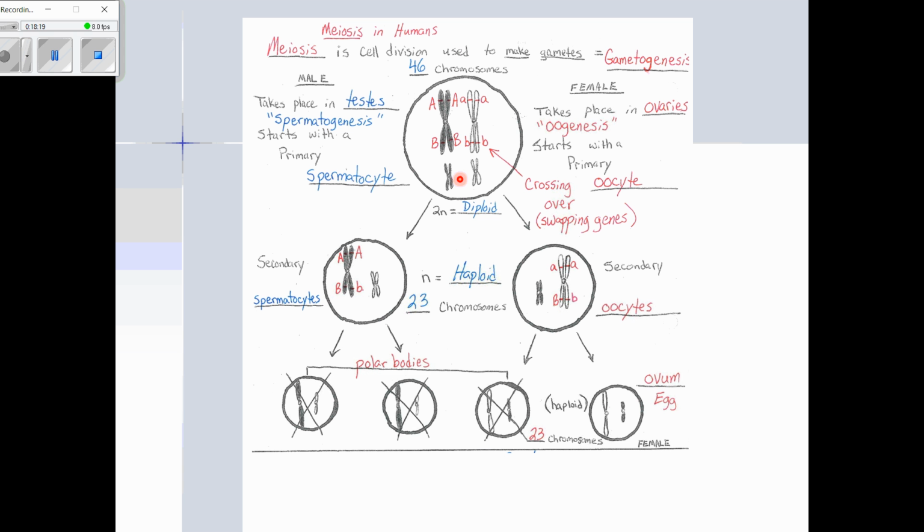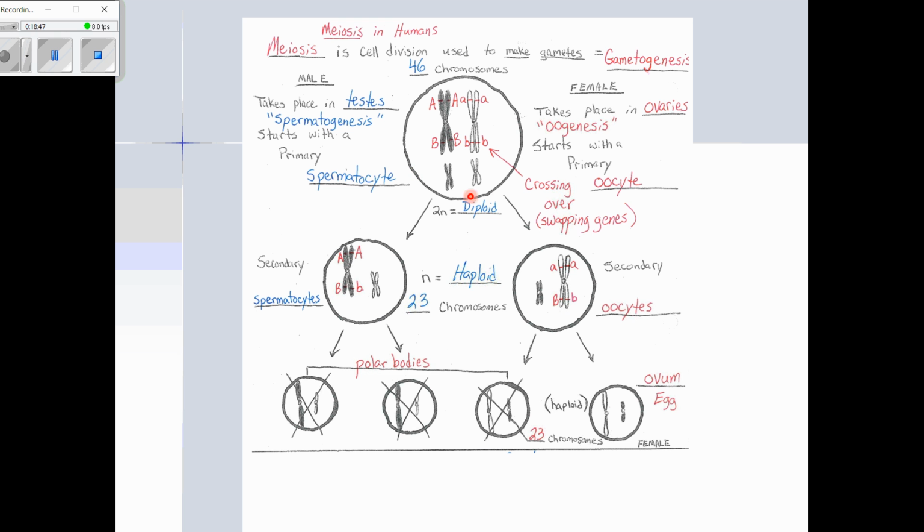Now, a little interesting fact about this, a little bit of trivia here. Women are born with a set number of primary oocytes in the ovaries. And starting at puberty, typically one primary oocyte per month will divide and produce an egg.